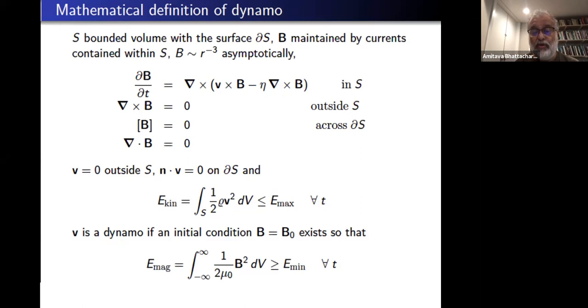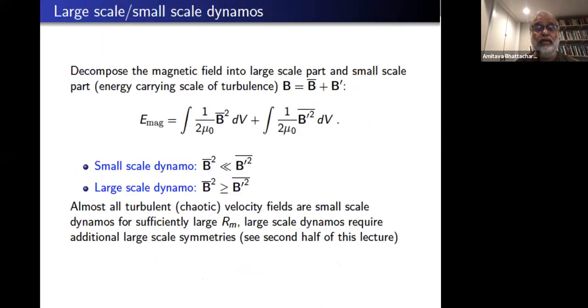So basically the focus was, if you have an initial magnetic field, initial energy that you start out with, eventually the magnetic energy, and energy again, not flux, exceeds by far the energy that you started out with.